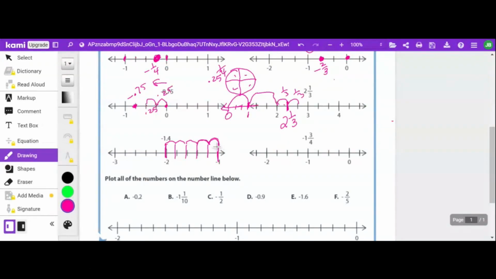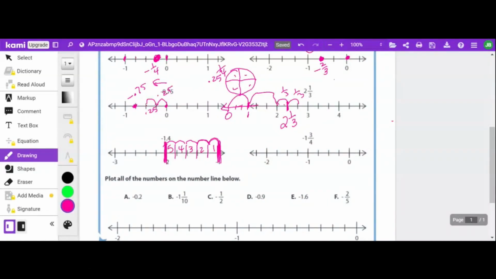How many pieces is it from here to here? Let's start there. How many pieces is it to go from -1 to -2? How many chunks are there? Okay, correct.